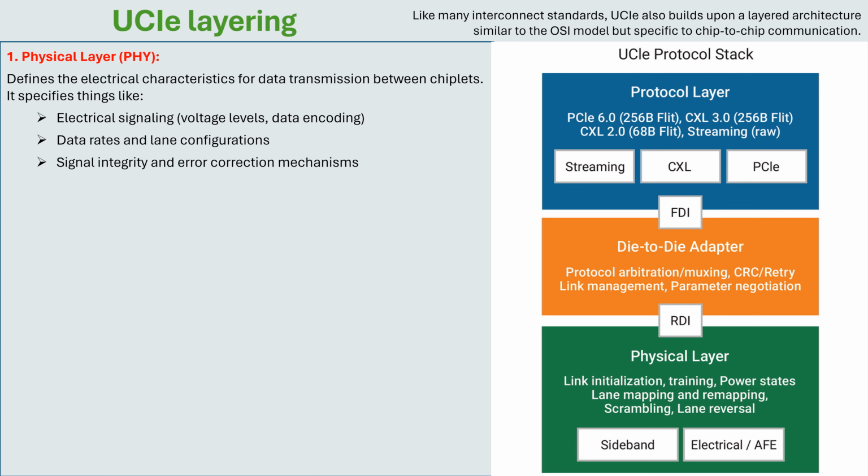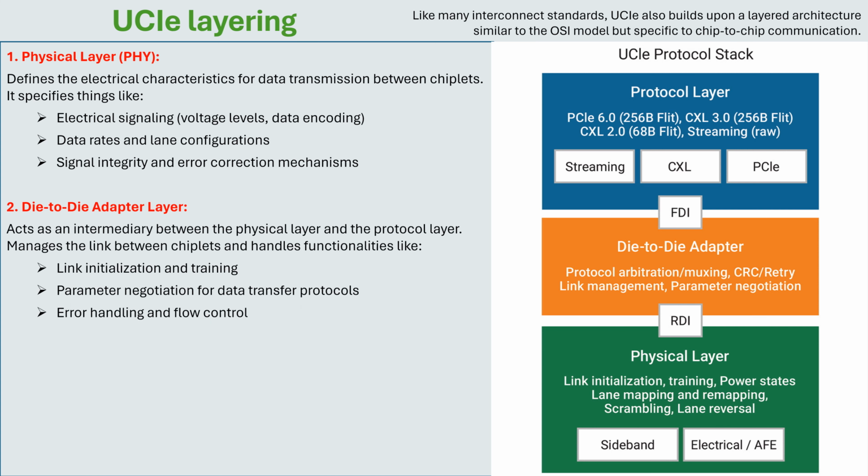The physical layer defines electrical characteristics of data transmission between chiplets. It specifies electrical signaling like voltage levels, data encoding, data rates, lane configurations, signal integrity, and error correction mechanisms. This is more of a circuit level thing.